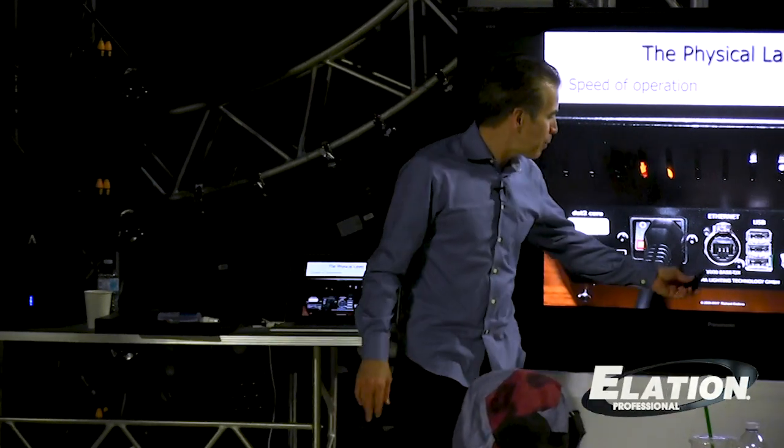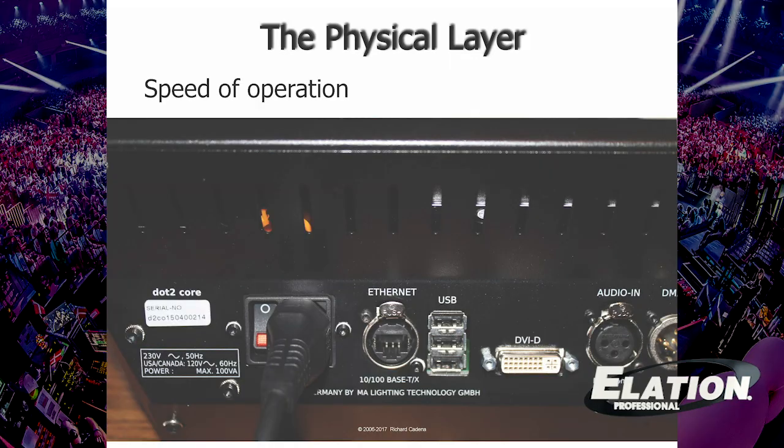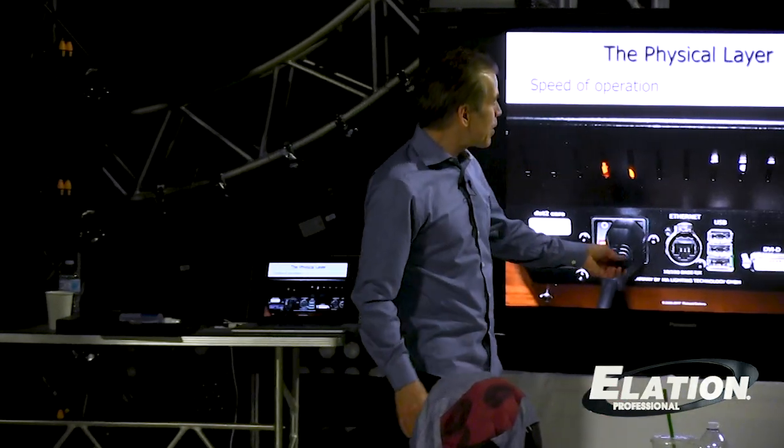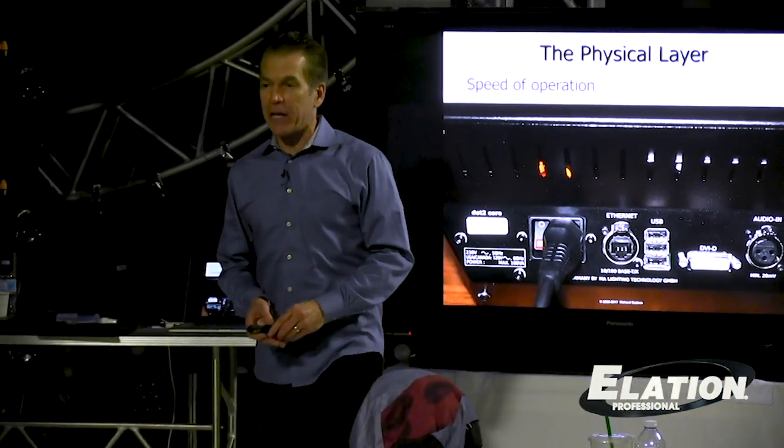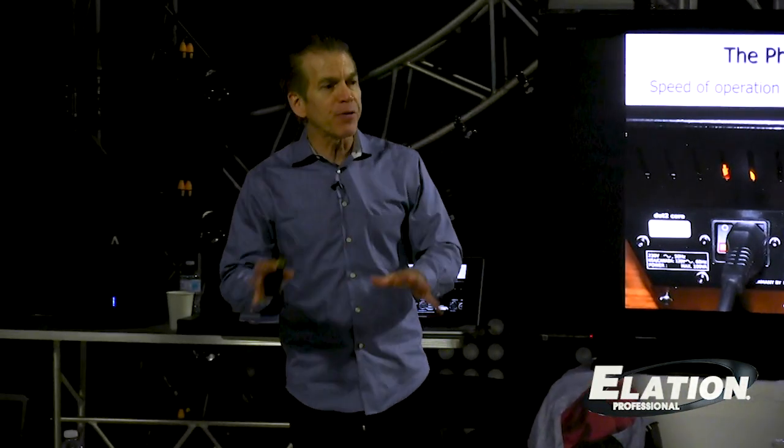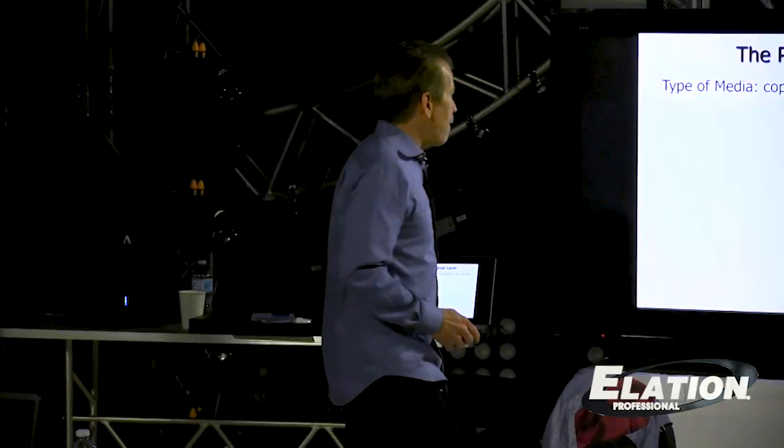Sometimes it'll be labeled, like this one says 10/100 base TX. That means this network interface card is capable of speeds of 10 megabits per second or 100 megabits per second, depending on everything else in the network.